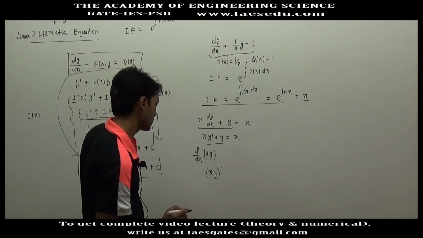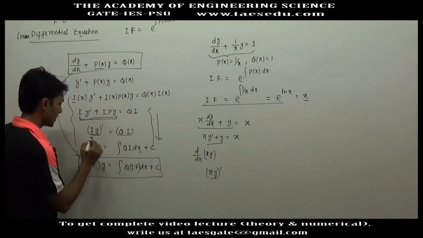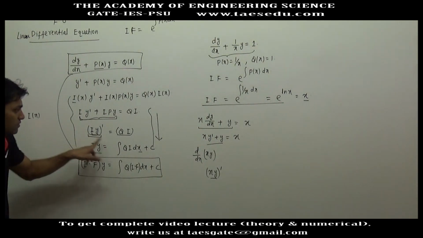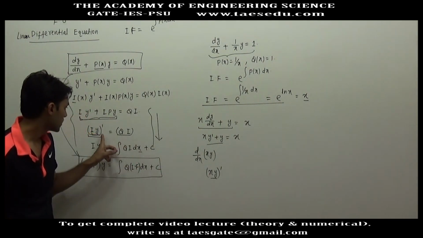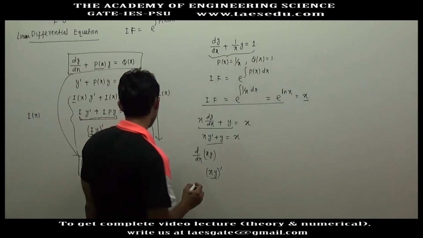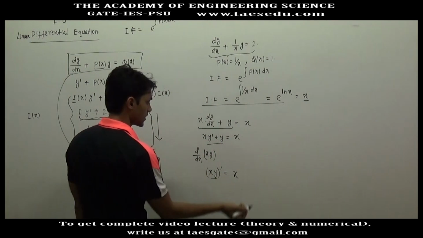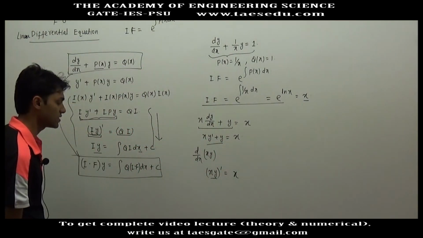So in the left hand side we have x y dash, as here we got I y dash, where I is x, the integrating factor, and the right side is x. Now integrating both sides with respect to x is very easy.